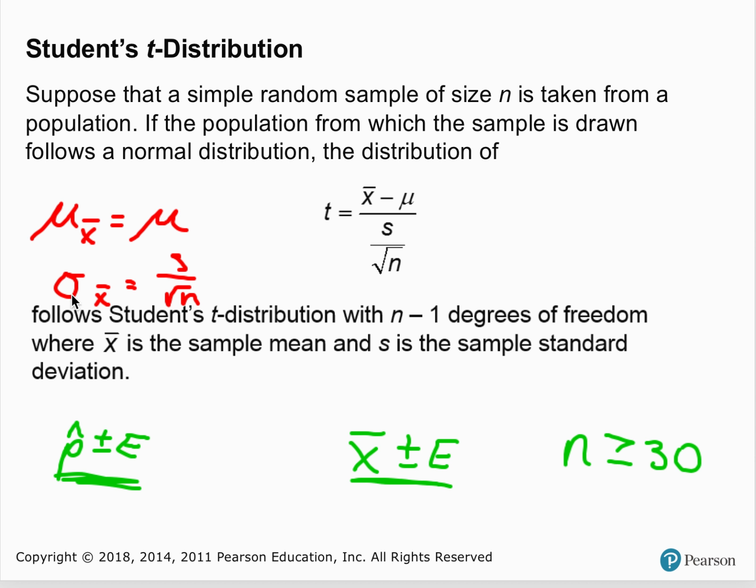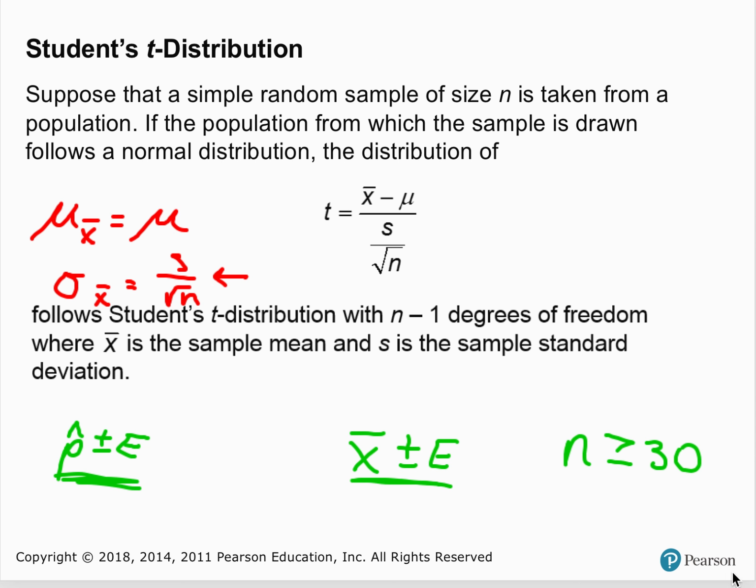Sigma sub p hat, remember, was the square root of p times 1 minus p over n. This right here is actually going to present a little bit of a problem because we have to use S, and there's additional variability introduced by using S in place of sigma.